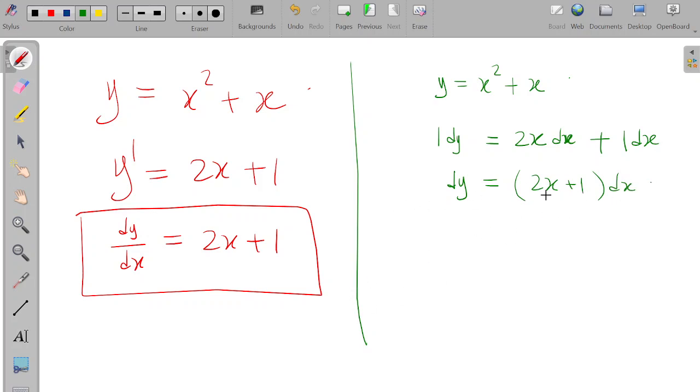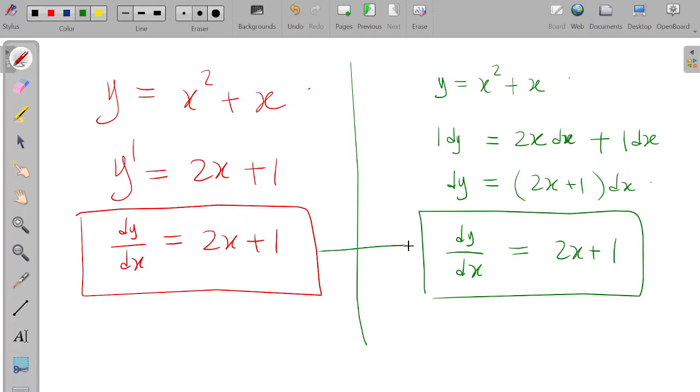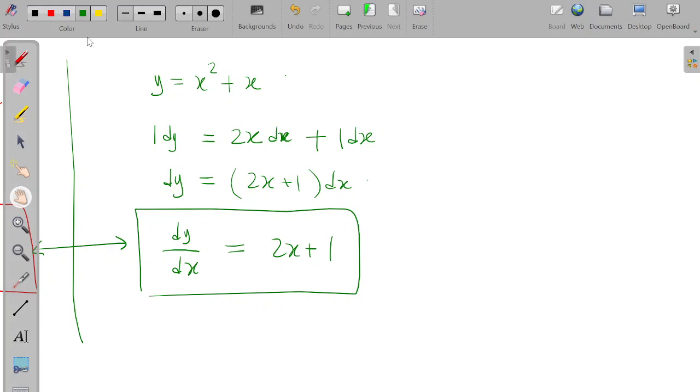I can now divide both sides by dx, so it becomes dy over dx equals 2x plus 1. You see, I've gotten the same thing as I have there.